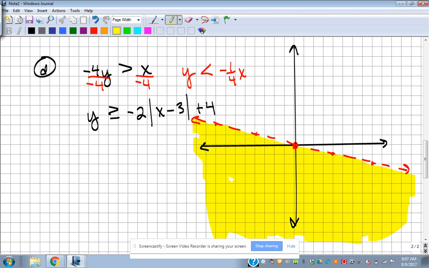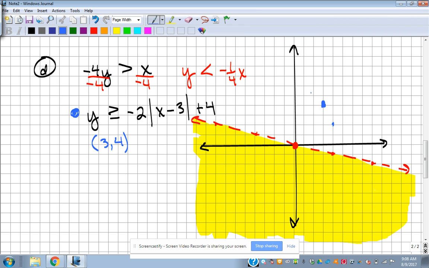All right. Now let's graph that absolute value graph. Blue. What's the vertex? Positive 3, 4. So I'm going to go to 3, 4. Which way is it going to open? Down or up? Down? A couple of people say down. So down, and we're going to count how?